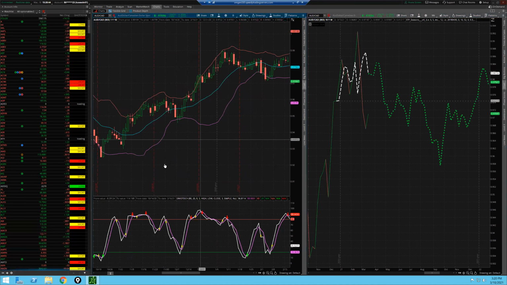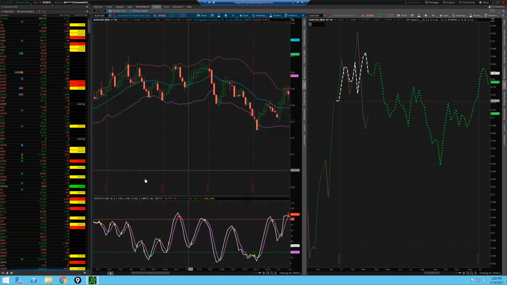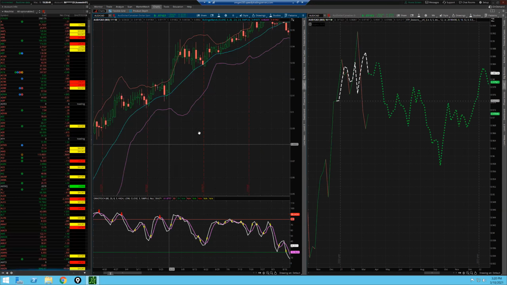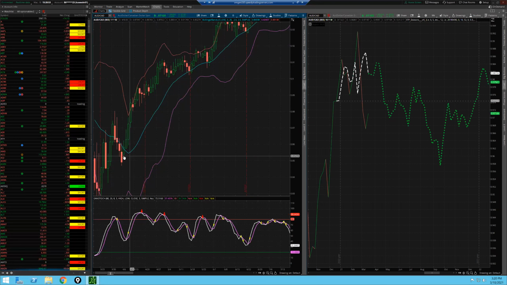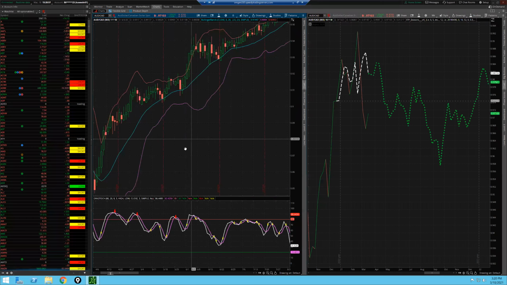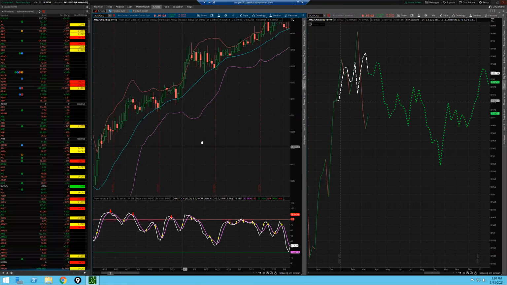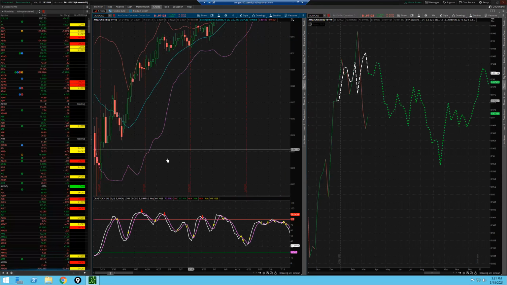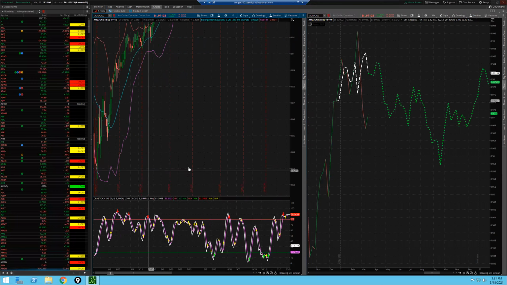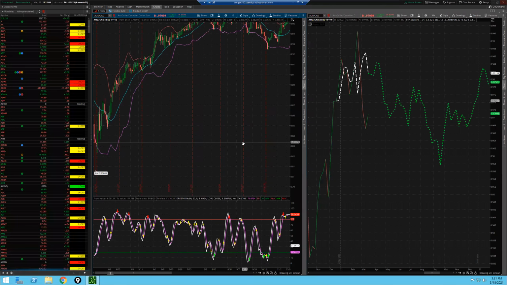So let's see here. I'm trying to get this chart aligned for you. So last year, when we hit April, let me scrunch this out. We were in a really massive uptrend on this pair.